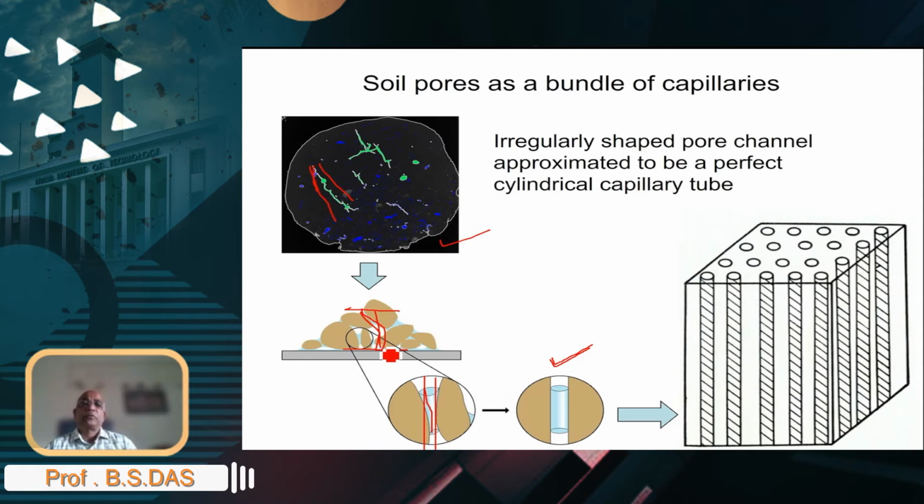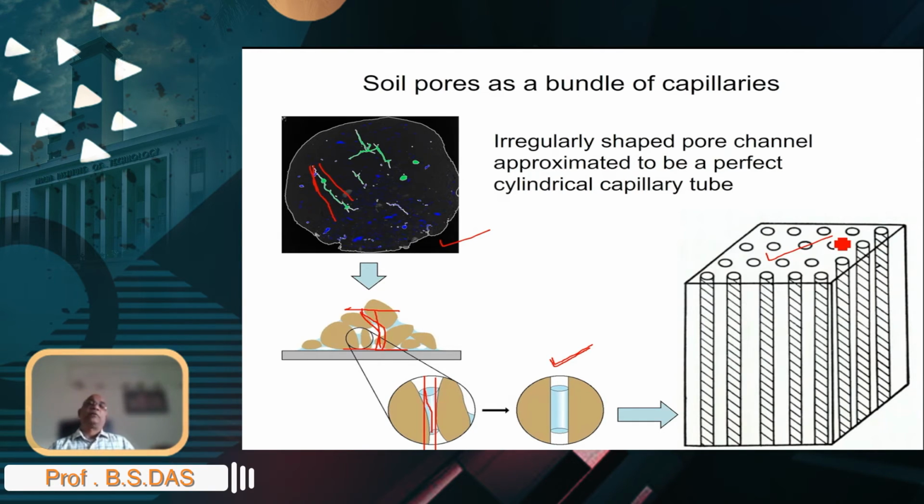When it comes to soil, you have a bunch of these pores. So the last approximation you make is that soil consists of a bundle of capillaries, maybe of regular shape.